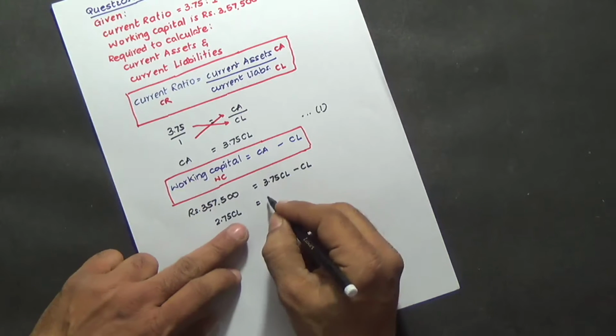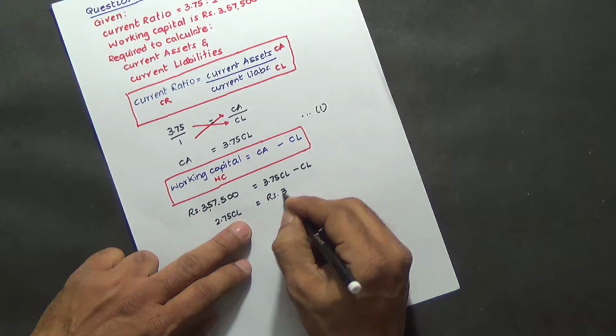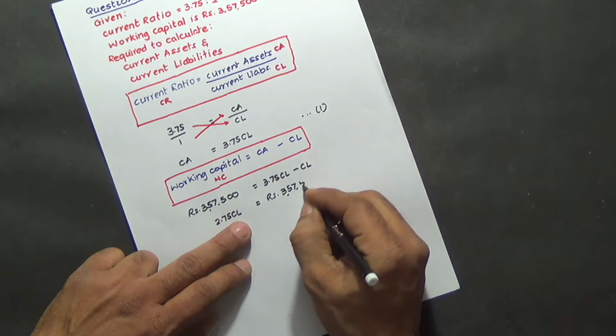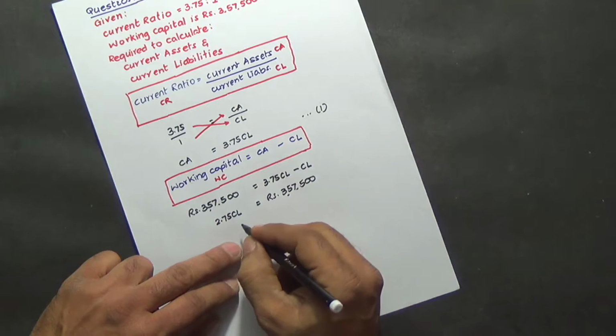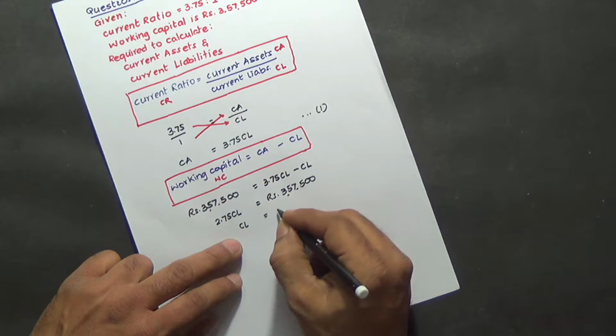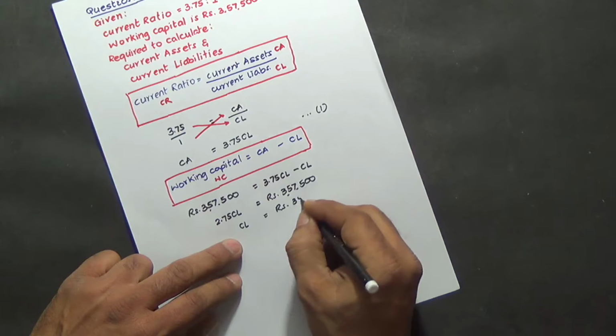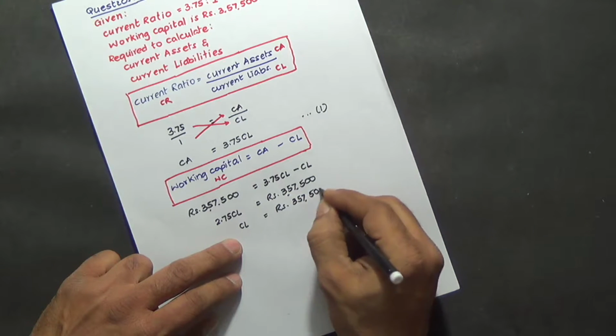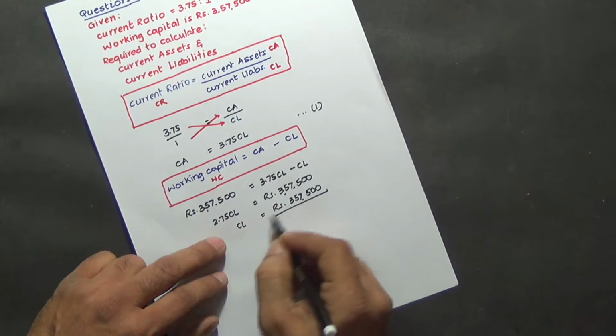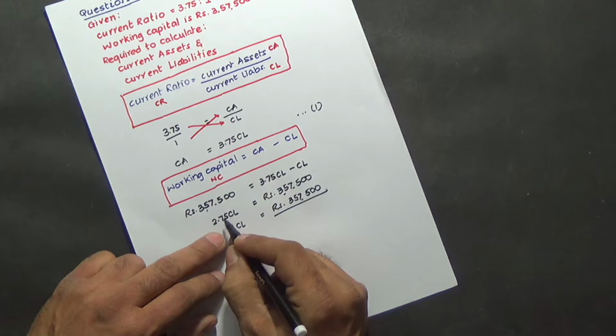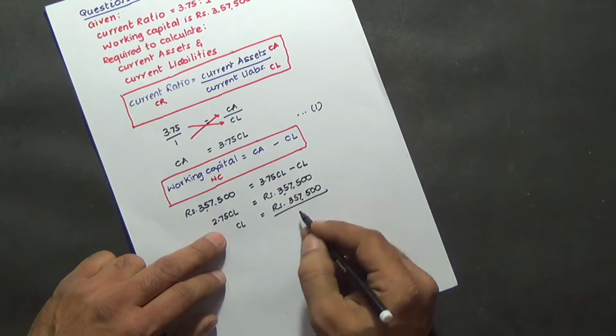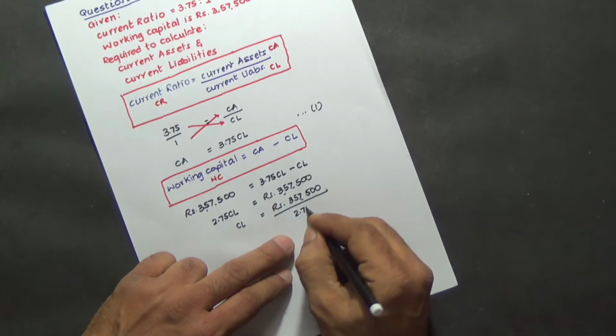2.75 CL is equal to rupees 3,57,500. Therefore, CL is equal to rupees 3,57,500 divided by 2.75, bringing this to the right hand side, the multiplication becomes division.